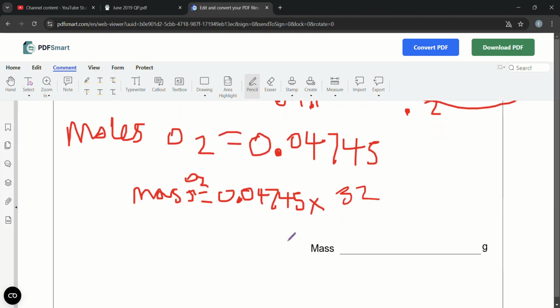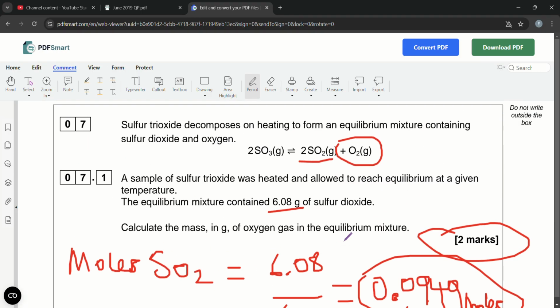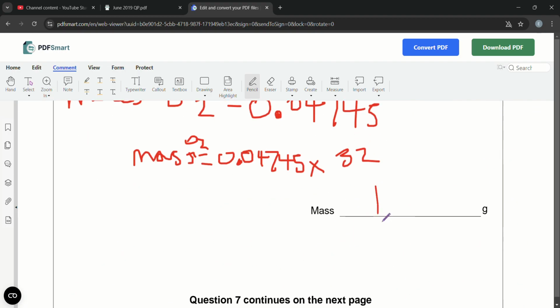And now we should get the mass: 1.5184, so 1.52 to 3 significant figures, or just 1.52.